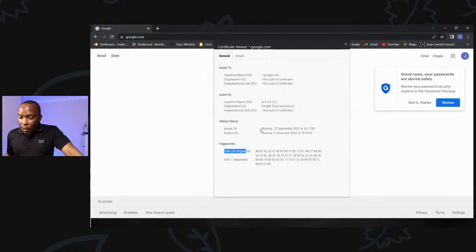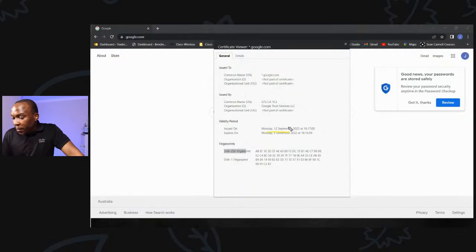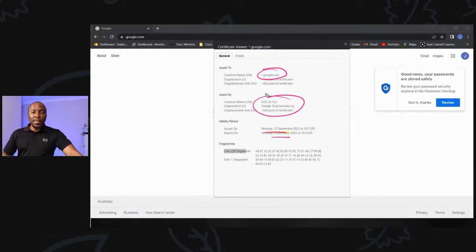This certificate was issued on the 15th of September and expires on the 5th of December. It was issued to google.com, and it was issued by Google Trust Services as the authority of that particular certificate.